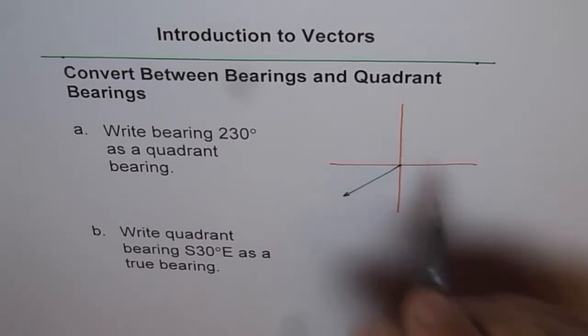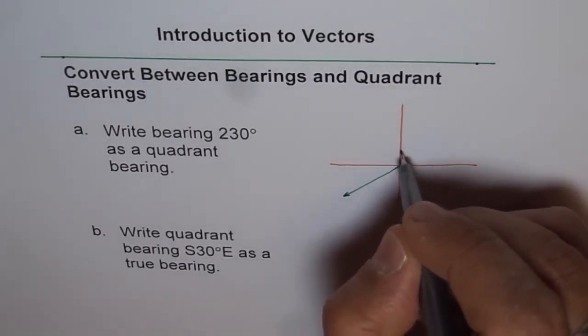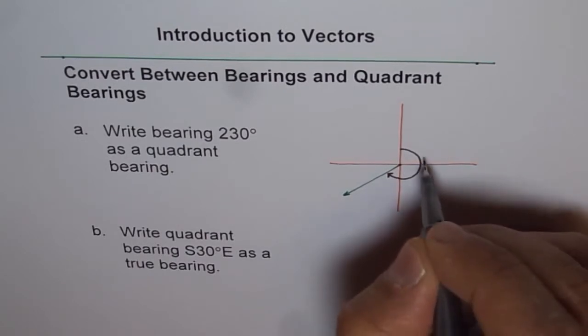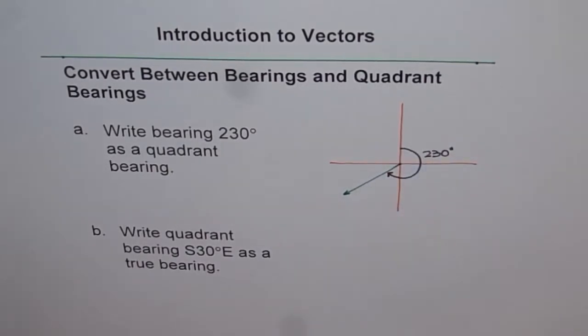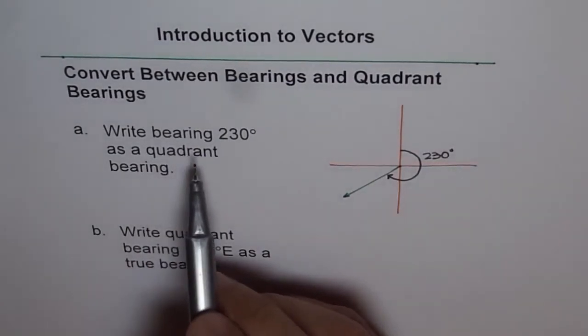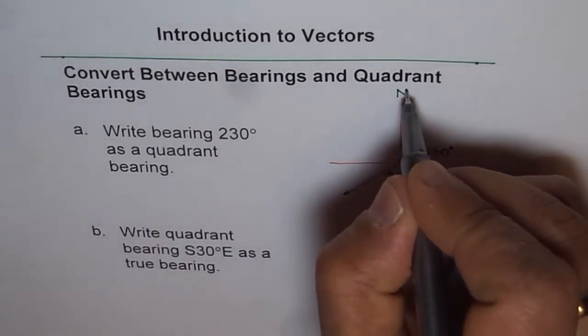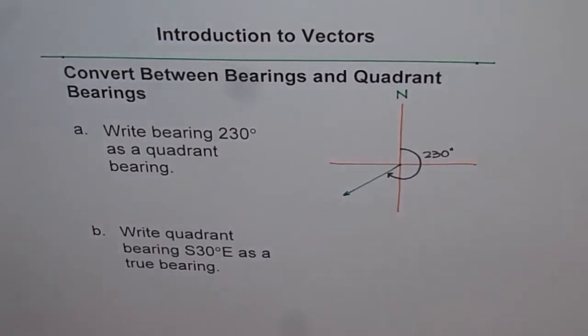The angle for a bearing is always measured from north, so this angle from here to here is 230 degrees, correct? That is what we mean by saying 230 degrees as a bearing angle. It is always measured from north and it is clockwise, as you can see here.